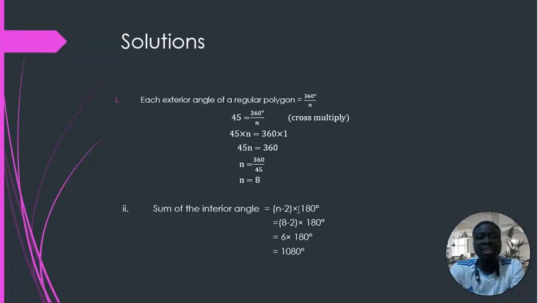If you are finding a particular variable and all the angles are exterior angles, it means you are going to sum up all the exterior angles and it should be equal to 360 degrees. And if you are given one exterior angle of a regular polygon, then you know the formula to use to be 360 over n. Then you'll be able to find it. So your ability to recall these formulas will help you to solve any problem with ease.